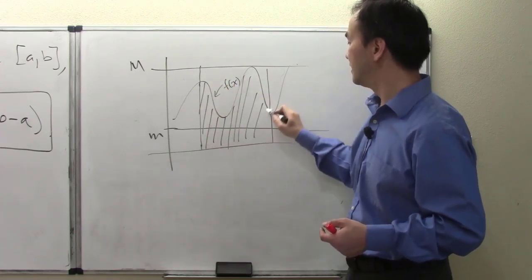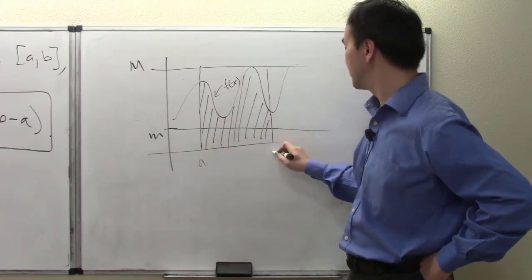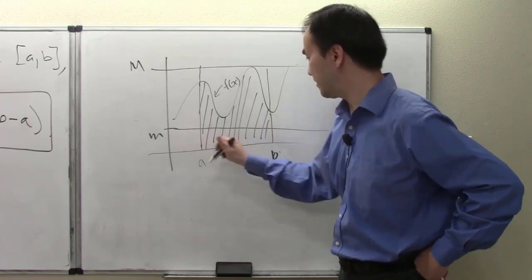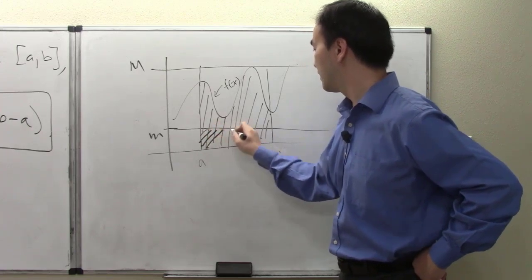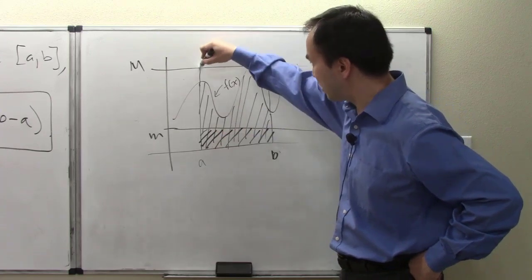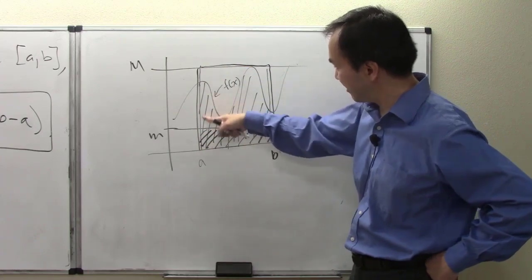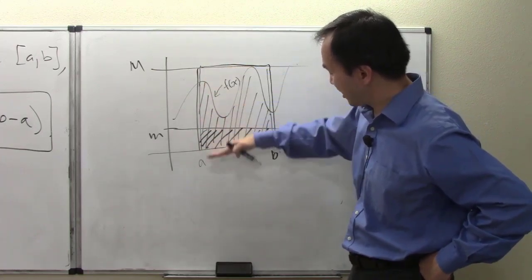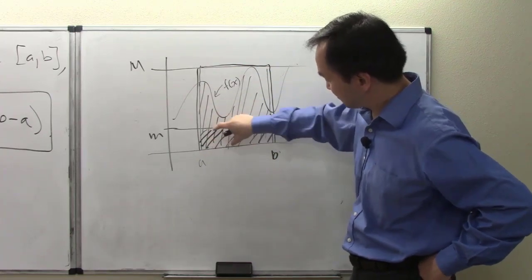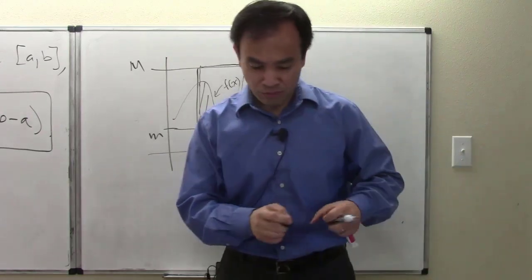And b minus a times m is this area. That's what it is. And then b minus a times capital M is this area. That's how we can imagine it. So the area between the function and the x-axis inside the interval from a to b is, of course, between the smaller shaded area and that big area. All right, so that's property number 7.